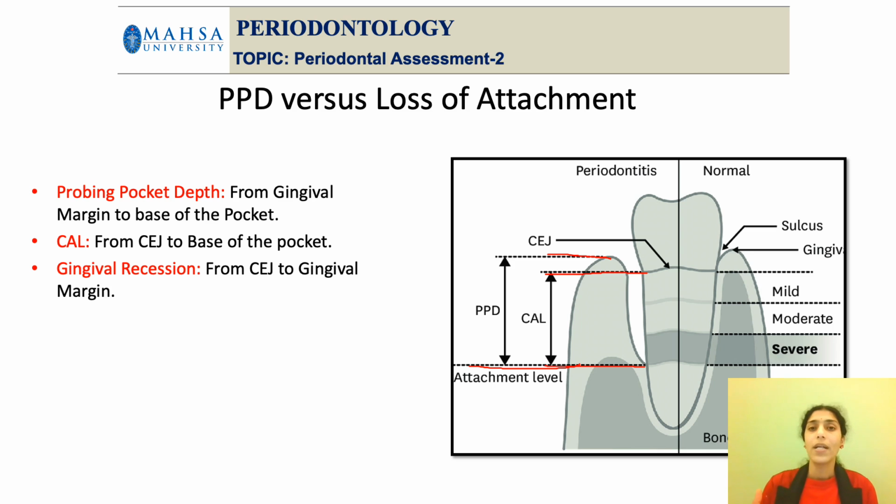The CEJ is the more standard point to be considered as a reference for estimating disease severity. And gingival recession, I hope you know, should be measured from the CEJ to the gingival margin. The distance from the CEJ down to the gingival margin, if there is recession, is the measurement of the gingival recession.